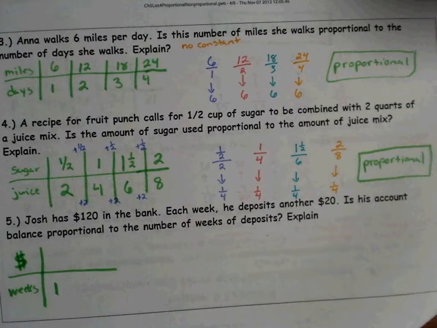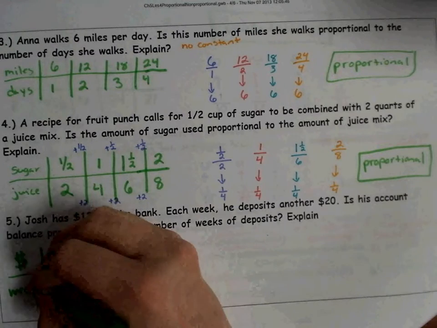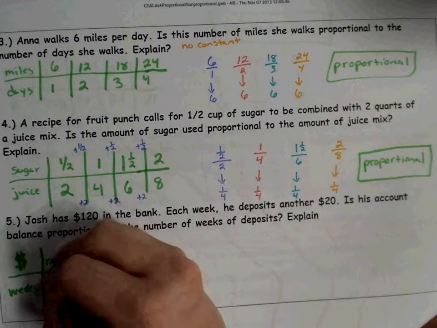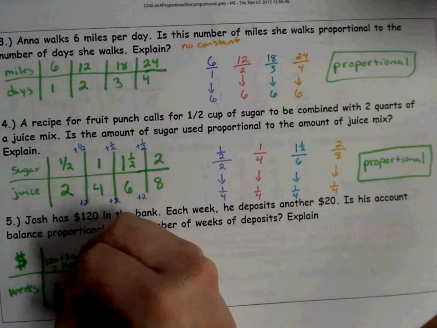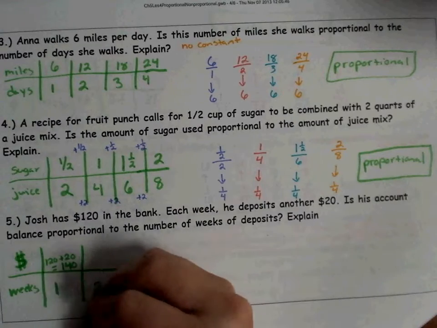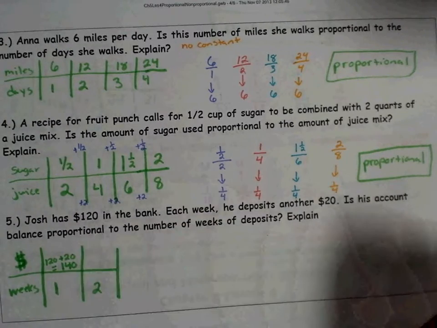So starting at week 1, how much money is he going to have in his account? $140, right? He started with $120. He added $20 into the account, so that's going to equal $140 that he has in the account at week 1. By week 2, how much money is he going to have?